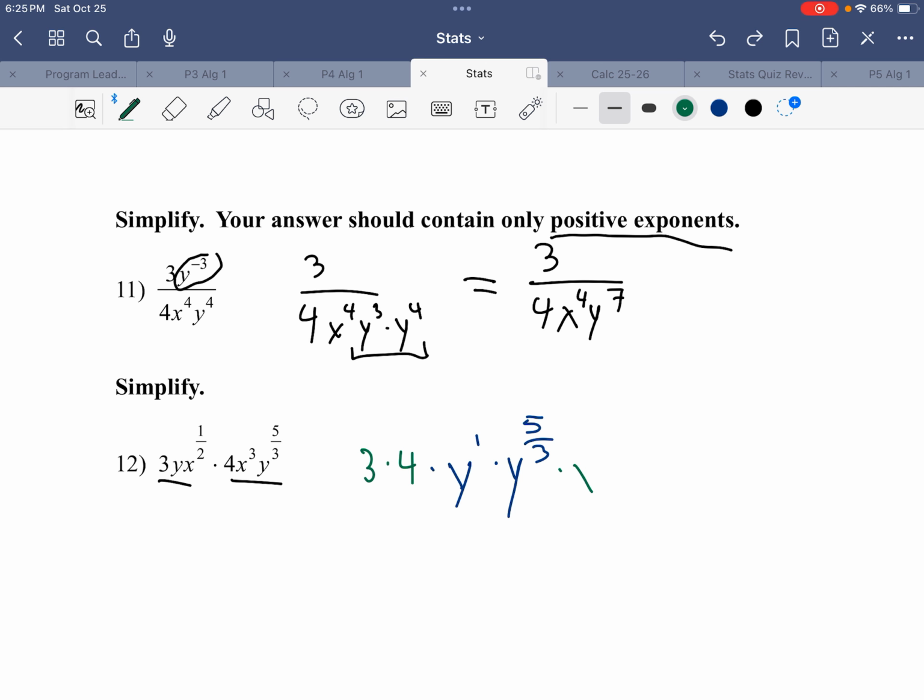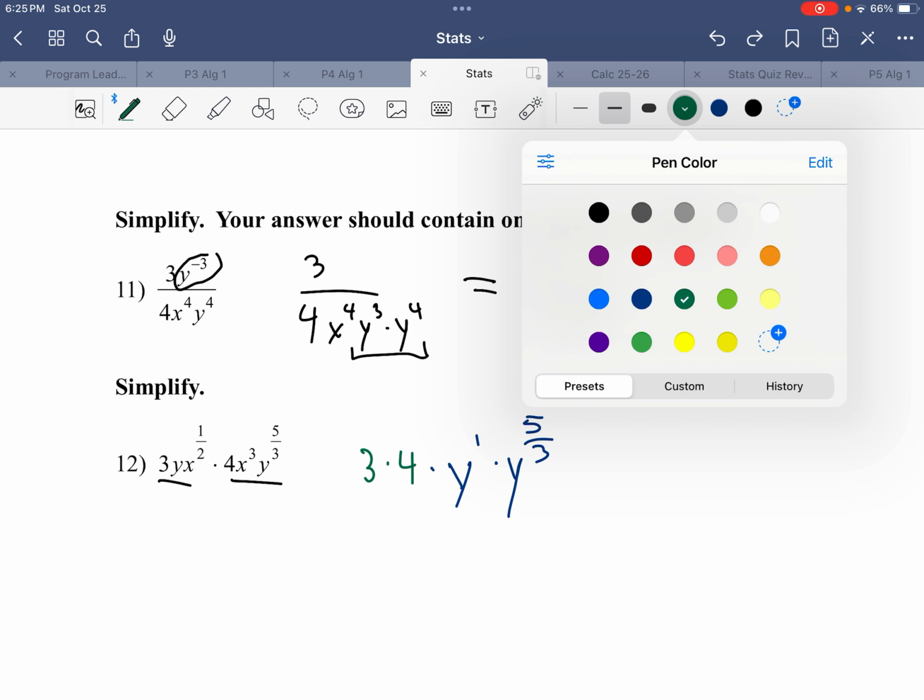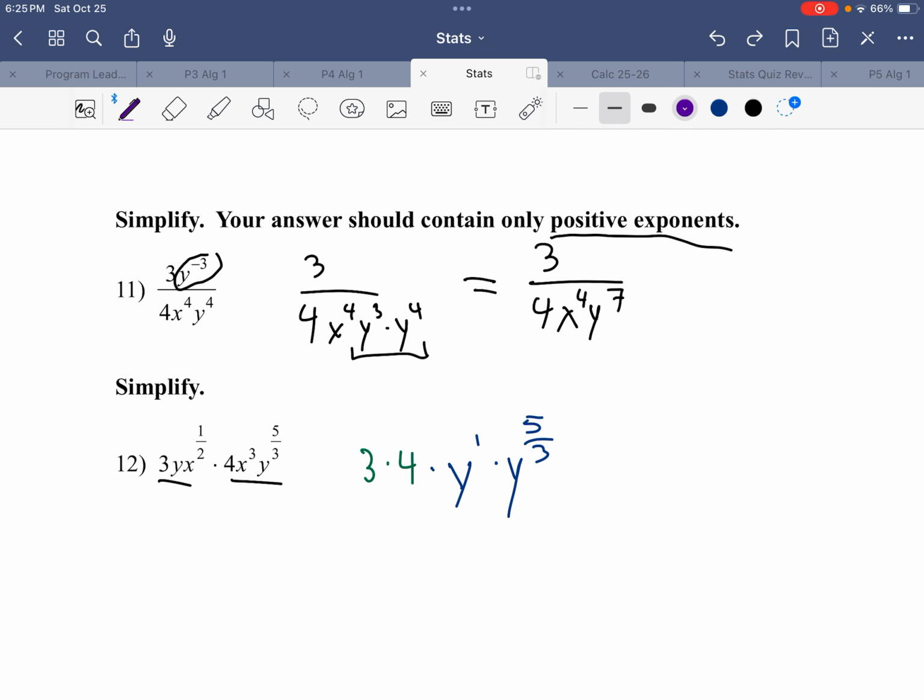Let me choose a different color. x to the 1/2 times x cubed. Now I said we add the exponents, so I need to know what 1 plus the 5/3 is going to be. This is 3/3 plus 5/3. I want a common denominator to get 8/3.